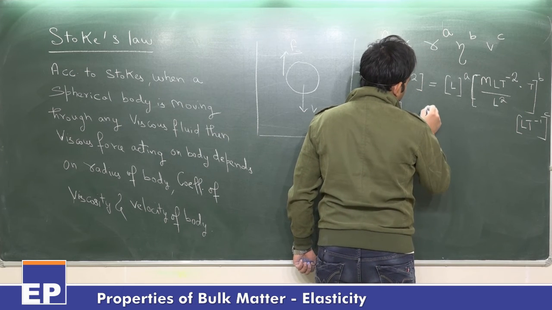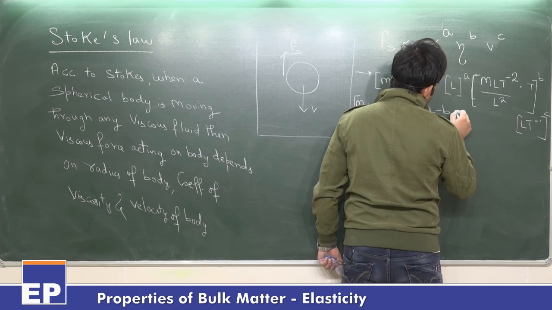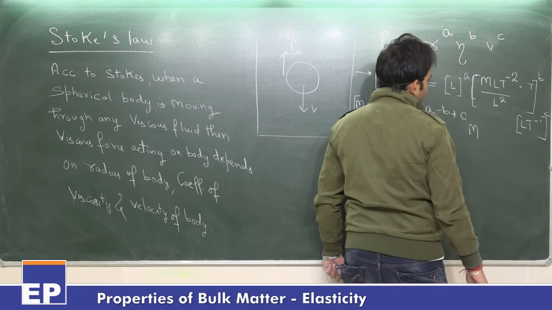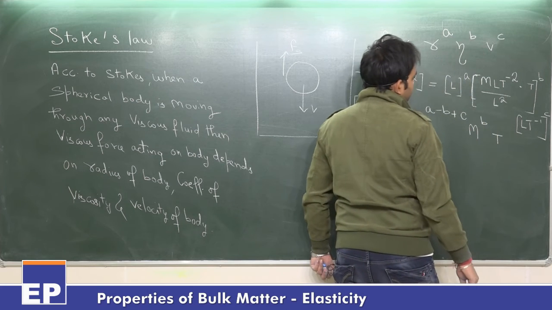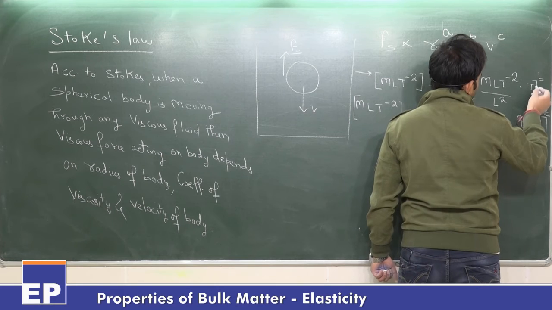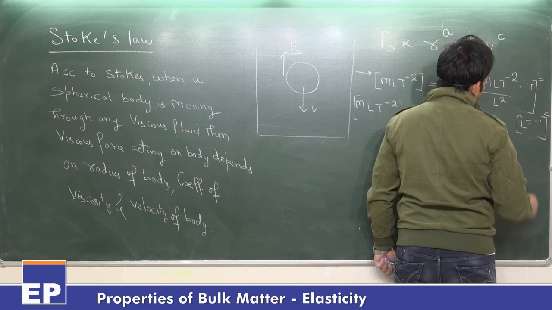So L raised to the power a minus b plus c, M raised to the power b, T raised to the power minus 2 plus 1. That will become how much? Minus 1, minus b and minus c.